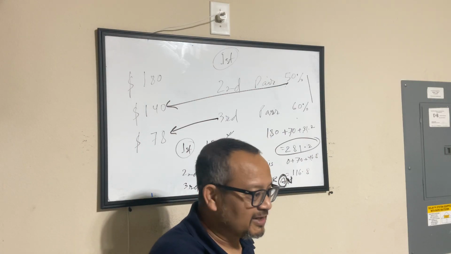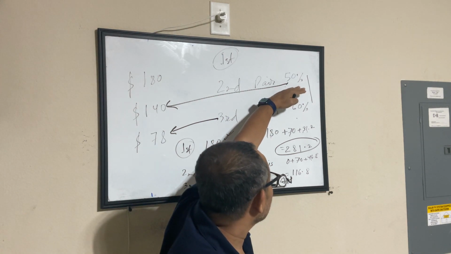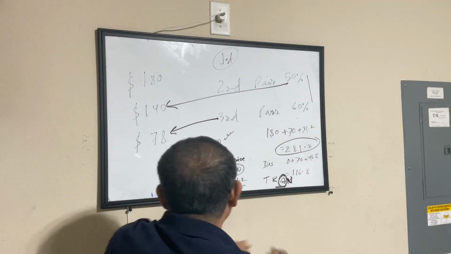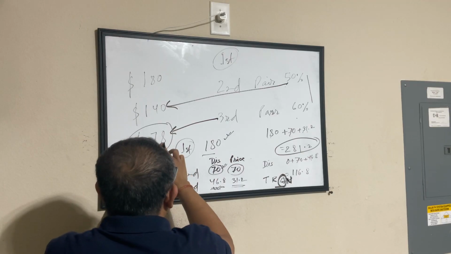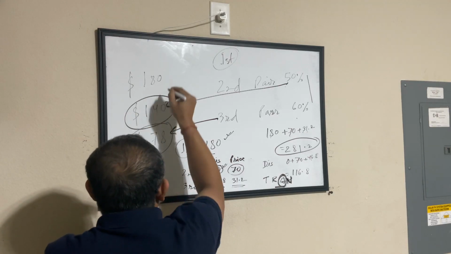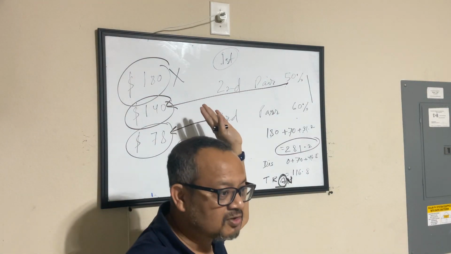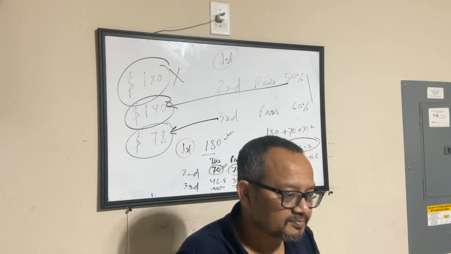They will say 50% discount on the smallest price, then 60% discount on the second smallest price. So they will pick this as your third shoe and this as your second shoe, so that they have to give the least discount on the most expensive one. Because the more the discount, the bigger the number, it's a problem. Yes, Anvita, go ahead.